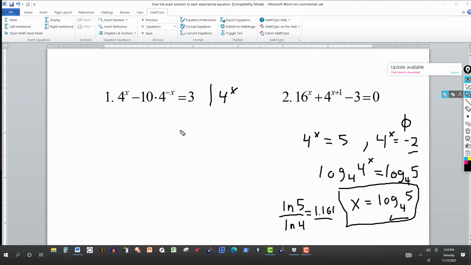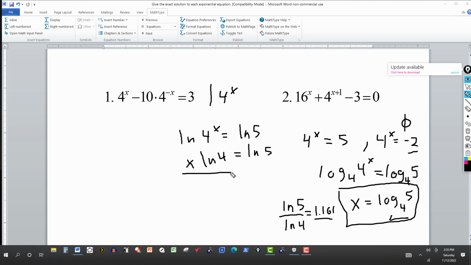I could have said, well, let's take the natural log of 4 to the x, both sides natural log. Obviously, the other one still has no solution, so we're just dealing with this one, log of 5. And then here, properties of logs allow me to take this exponent and make it into a coefficient. So this would be x in front of natural log of 4, which is equal to ln of 5.